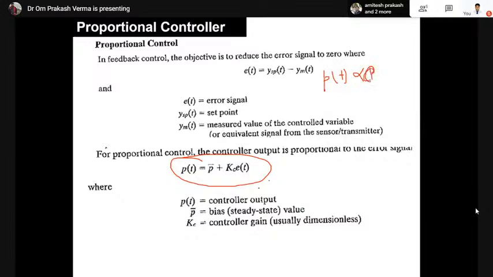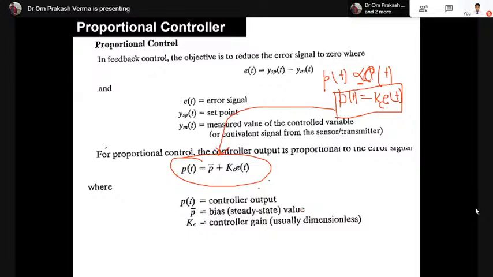When the proportionality sign is removed, a constant comes in, the proportionality constant Kc, and the relation becomes P(t) = Kc e(t). But we have written P(t) = P bar + Kc e(t), or generally the book writes P(t) = Kc e(t). So what is the contradiction?